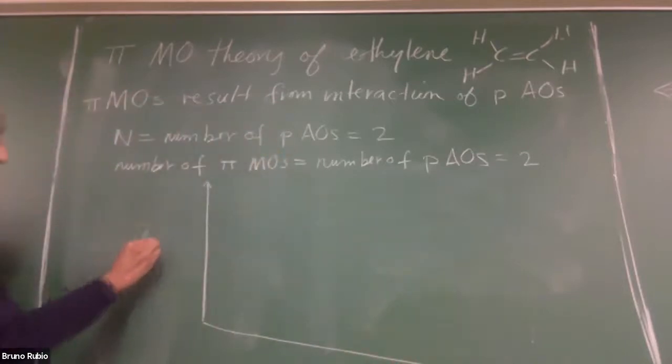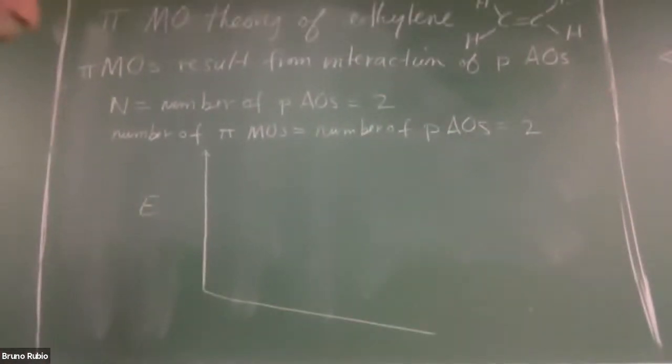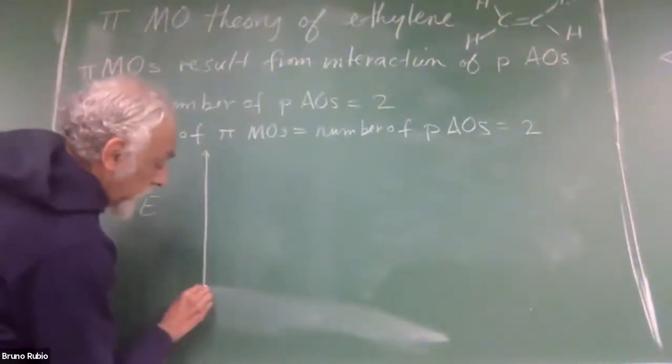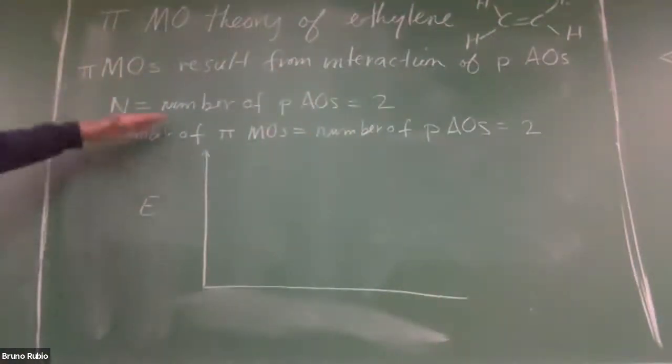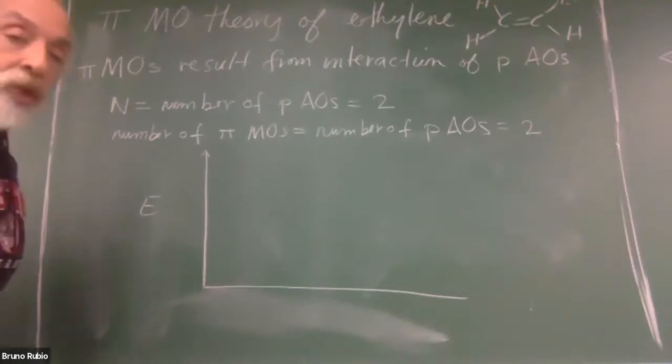So this will be energy. Let's straighten this guy up. And so I have two p atomic orbitals interacting to form two pi molecular orbitals.